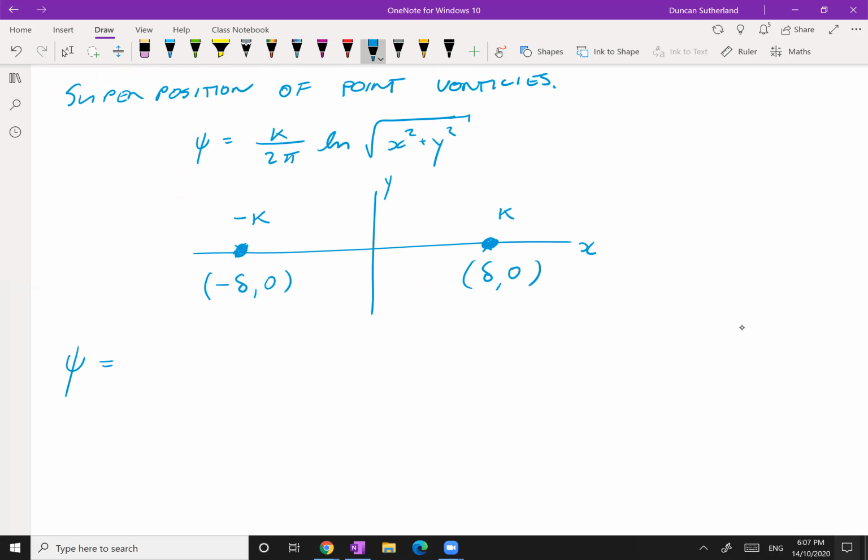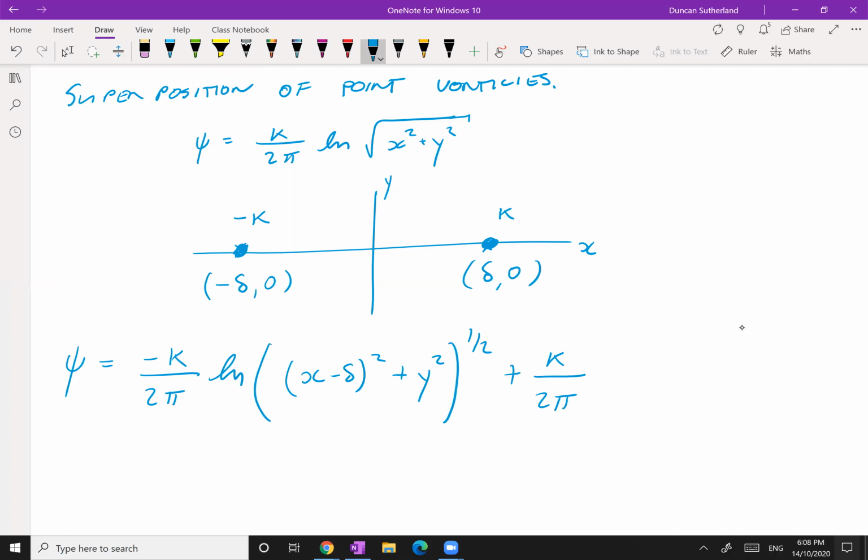Psi total equals minus kappa on 2 pi log of brackets (x minus delta) squared plus y squared, to the half, plus kappa on 2 pi log of (x plus delta) squared plus y squared, to the half, like so.